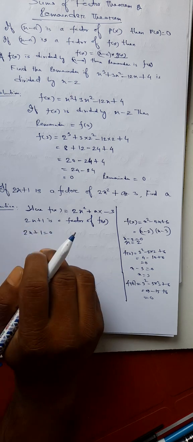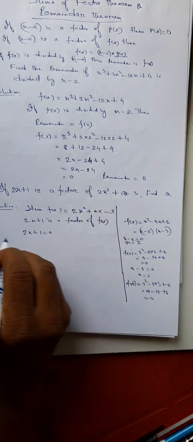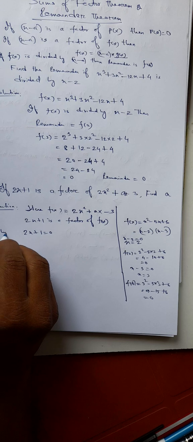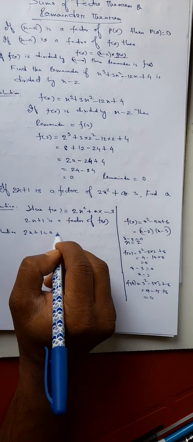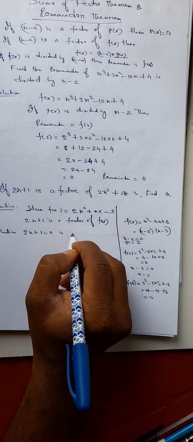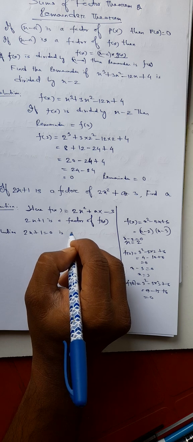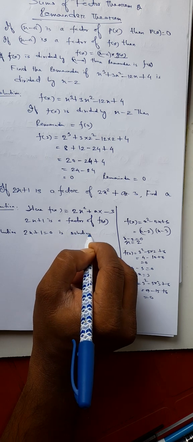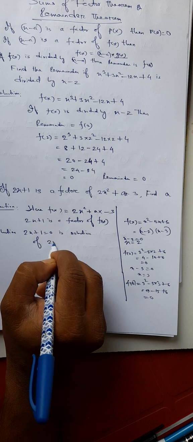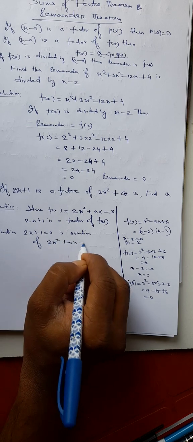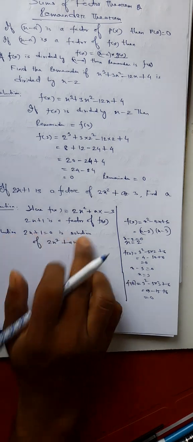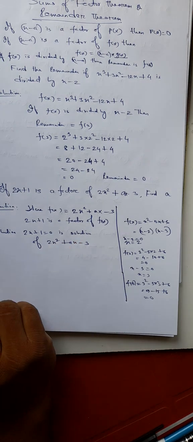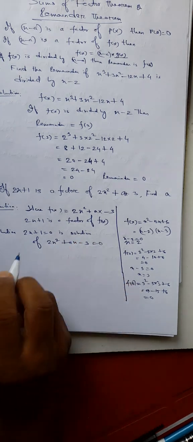The solution of this equation will be a solution of 2x square plus ax minus 3. Solution of this equation is a solution of this polynomial, right?